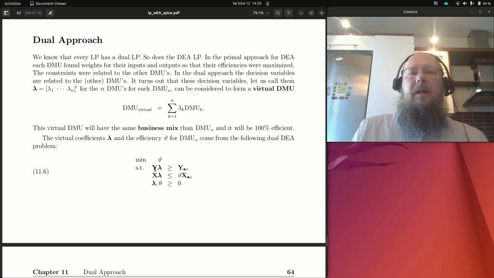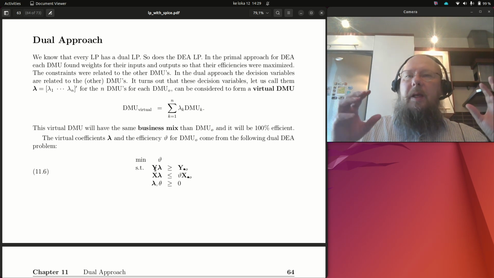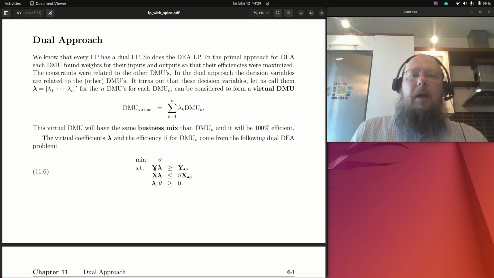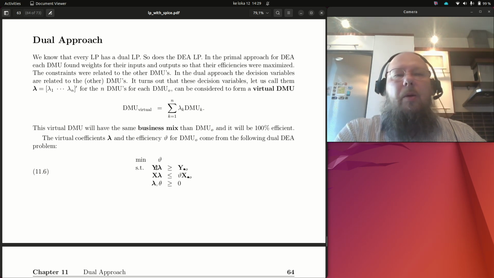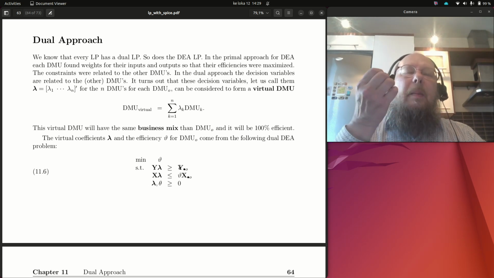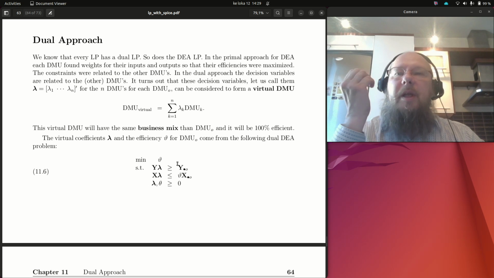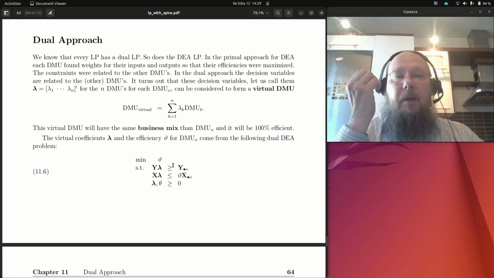The idea is that I recombine lambda times each of the DMUs and look at the outputs. This virtual DMU, y lambda, should have outputs as big as the outputs of the DMU I'm looking at, or better.